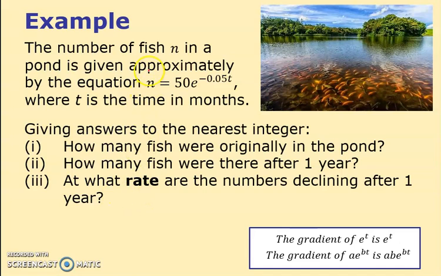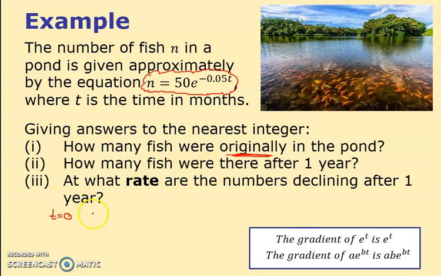Okay, so I've got this where n is the number of fish, presumably, and t is the number of months. Now, it's got a negative power, so you might recall what happens to that. Anyway, how many fish were originally in the pond? Well, originally sounds to me like when t is 0. This is something initially is very often the way they will say it, but it's very common for them to give you a 1-mark question that says how many were there originally?